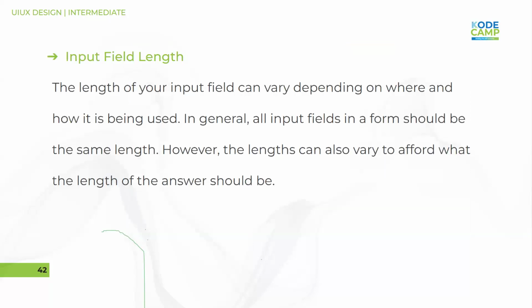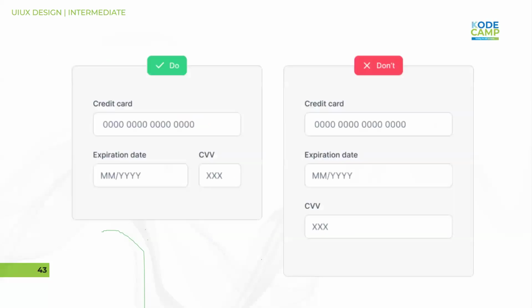Now, input field length. The length of your input field can vary depending on where and how it is being used. In general, all input fields in a form should be the same length. However, the length can also vary to afford the length of the answer. Let's look at what we mean.